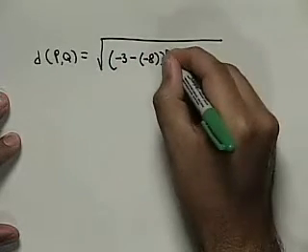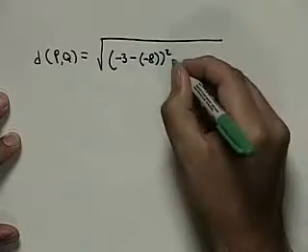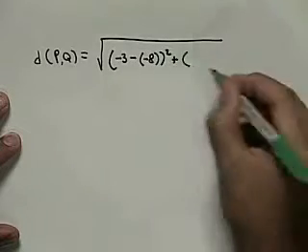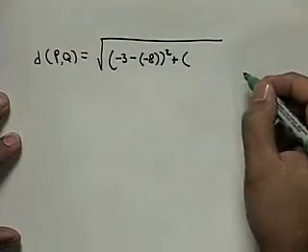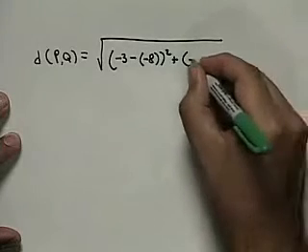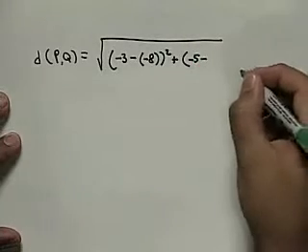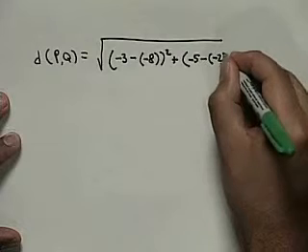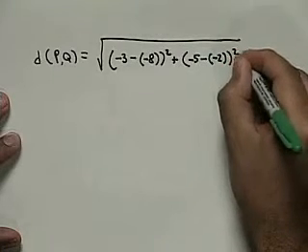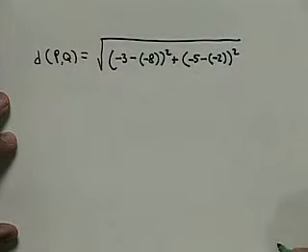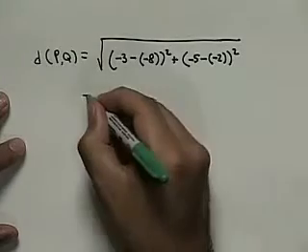So that's our x2 minus x1. And then to that we have to add our y2 minus y1. The second y value was -5, and the first y value was -2. So we have -5 minus the -2, and then we need to square that.